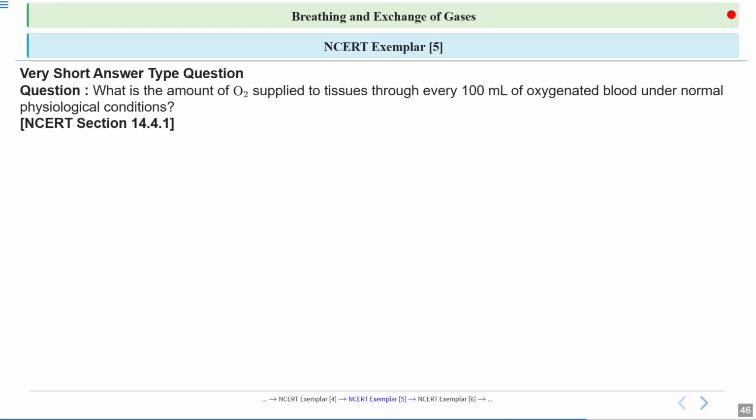Next question. What is the amount of O2 supplied to tissue through every 100 ml of oxygenated blood under the normal physiological condition? This question is coming from the NCERT section 14.4.1. Let us see the answer of this question.